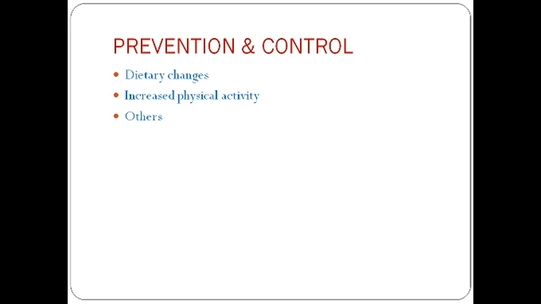Now, dietary changes. The following dietary principles apply both to prevention and treatment. The proportion of energy dense foods such as simple carbohydrates and fats should be reduced. The fiber contained in the diet should be increased through the consumption of common unrefined foods.